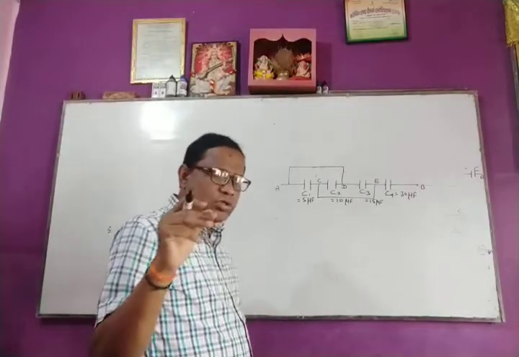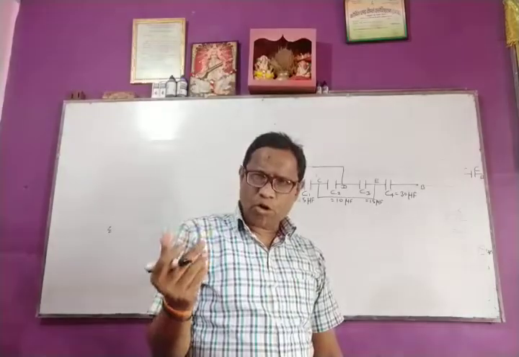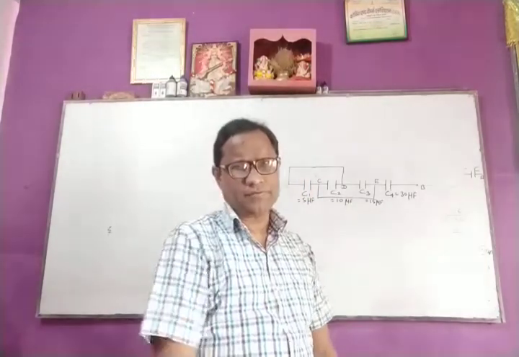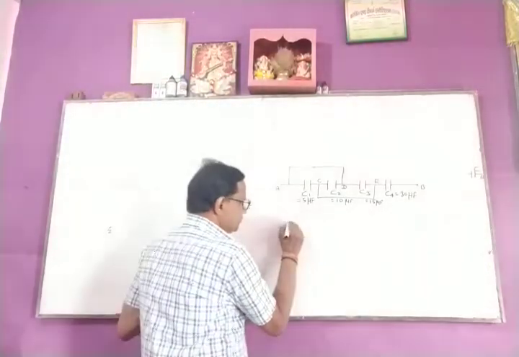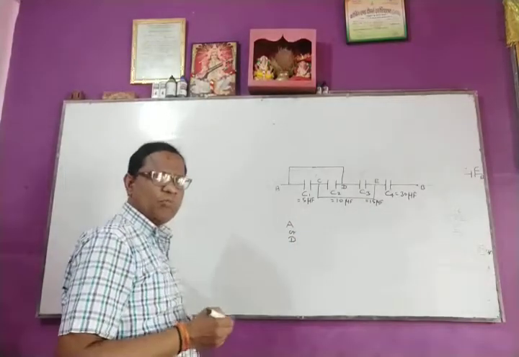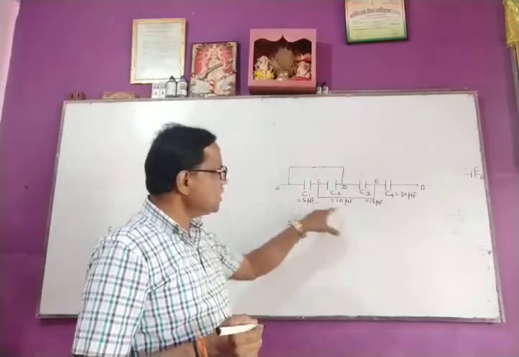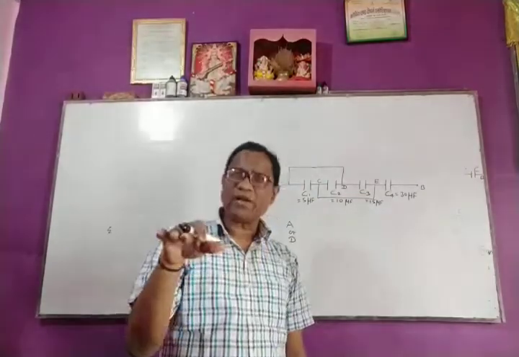So suppose both points as the same point, A or D. Both are a common point. Another, C and E are also connected by the same metallic wire.